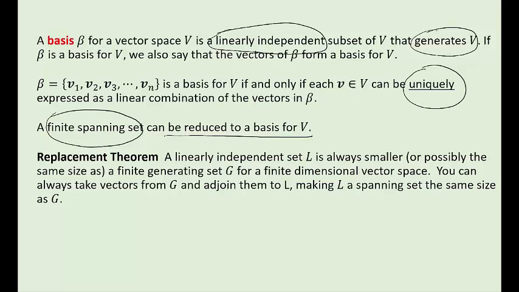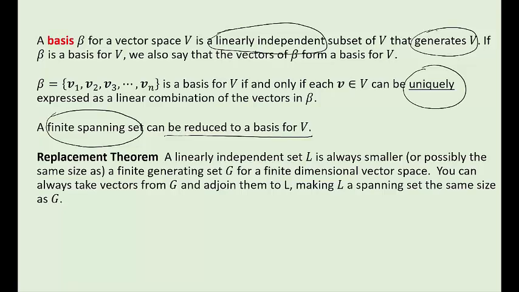And the replacement theorem, which the last video was just the proof of, tells us that if you have a linearly independent set and a finite generating set for a finite dimensional vector space, then the linearly independent set is always smaller than or possibly equal to the size of the generating set.